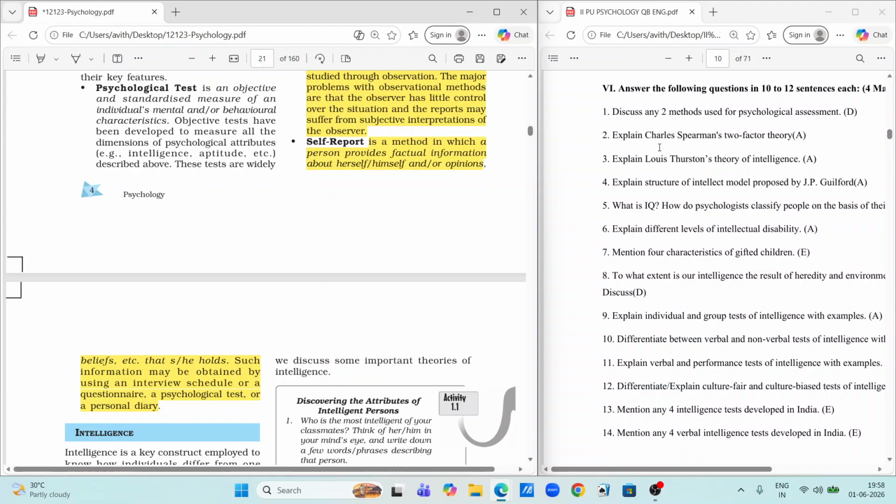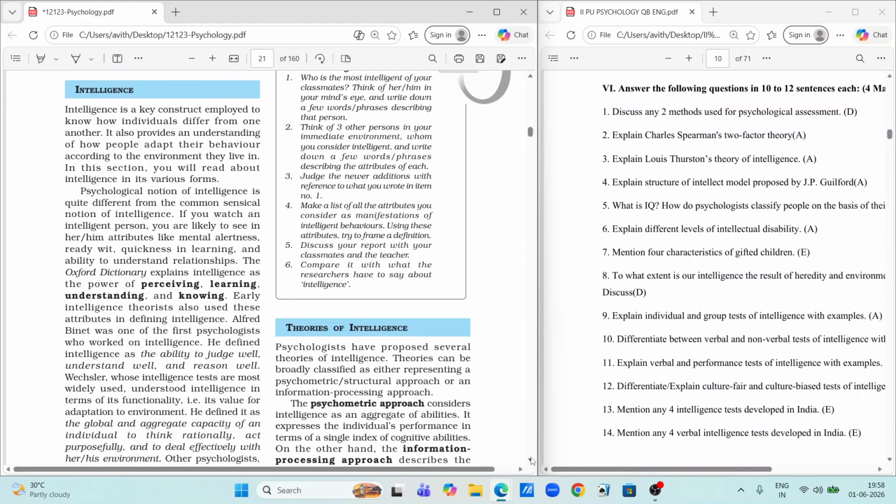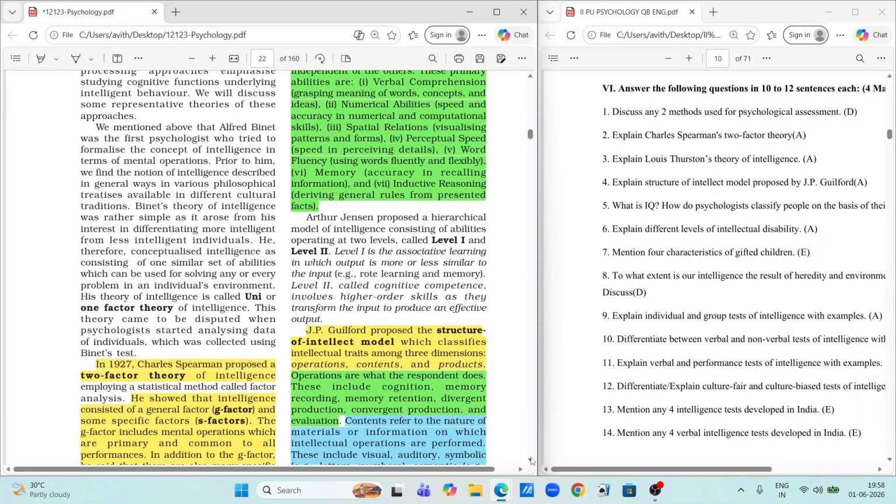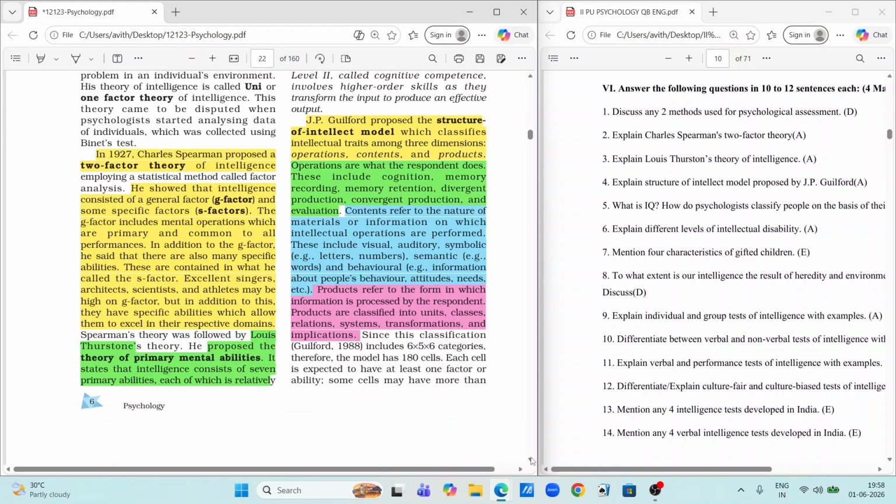Second question is, explain Charles Spearman's two-factor theory. Go to page number 6. In 1927, Charles Spearman proposed a two-factor theory of intelligence.